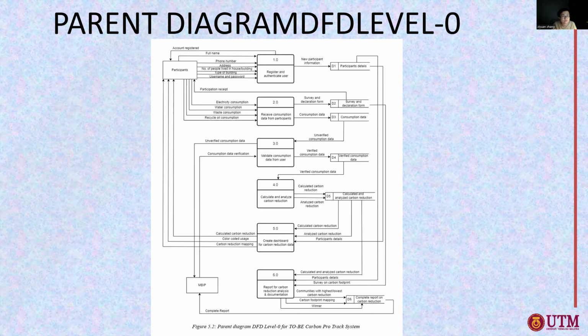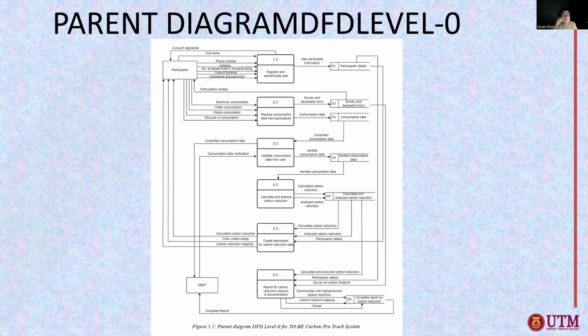Then process four, which we didn't do in our UI prototype since it is automatically calculated in the system. The user needn't worry about the calculation, so it won't be shown on the UI prototype.